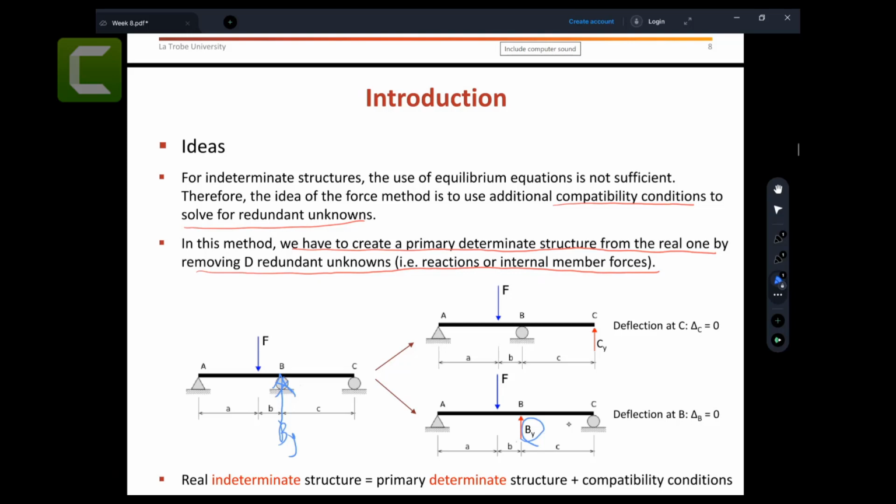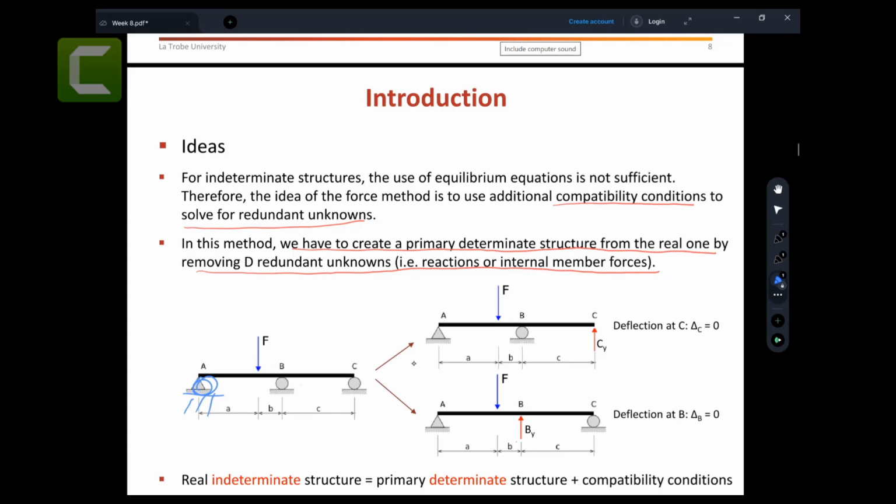Now there is one condition here: when you make a primary structure, you must make sure it is a stable structure. Do you remember that in your Space Gass software, you get the error called instability? You don't want to make this structure unstable. Let's say someone comes back and says, you want to make a determinate structure, so let's make this one a roller. This roller, this roller, this roller.